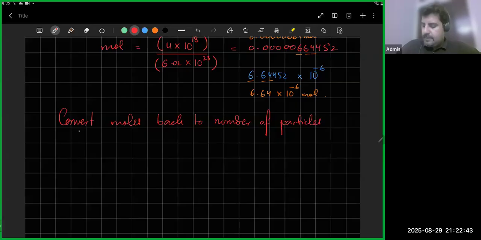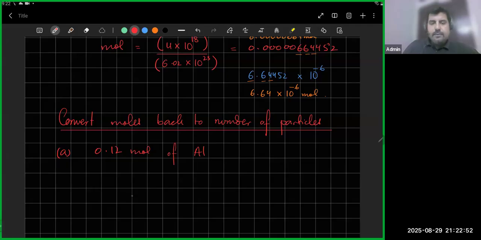So if somebody says he's got 0.12 moles of aluminium atoms, right? So what's the actual number of atoms? So the actual number would be, you take the moles and now you do the reverse, which is multiply by 6.02 times 10^23. So tell me, what do you get for this?